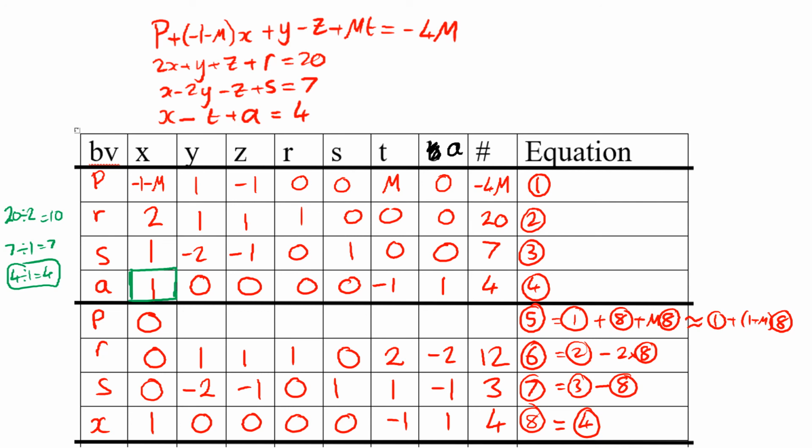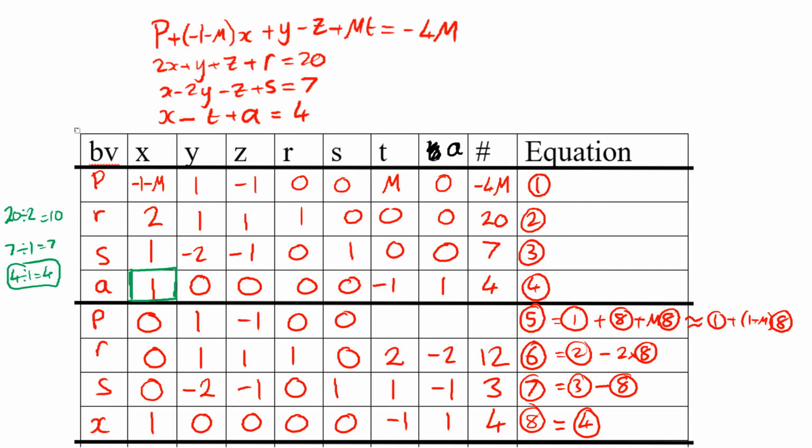And in most cases this is not going to change anything because we've got this big row of zeros here, and that's not going to alter anything, so we can just fill in immediately 1 minus 1, 0, 0. Then we've got to actually do something. So to m in the t column, we're going to add minus 1, and then we're going to add minus 1 lots of m. So we're going to do m minus 1 minus m.